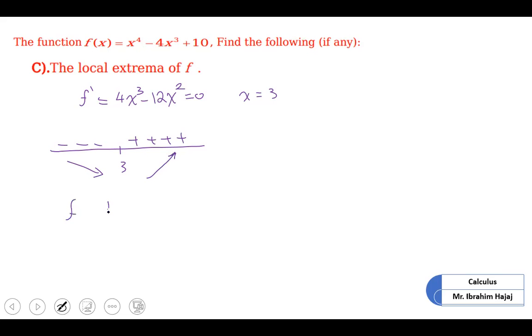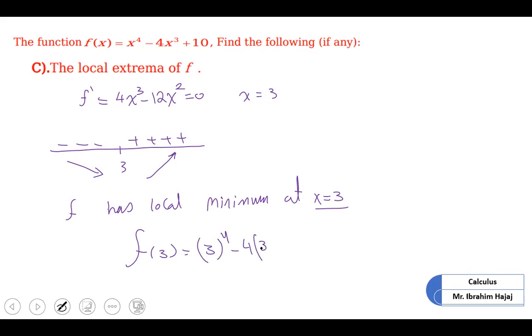So we write only that f has a local minimum at x equals 3. And f of 3 is equal to 3 to the power of 4 minus 4 times 3 to the power of 3 plus 10, and then do it in the calculator. I'm going to leave this for you to do. I don't have a calculator.